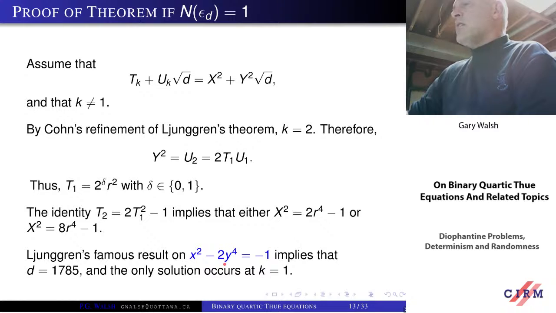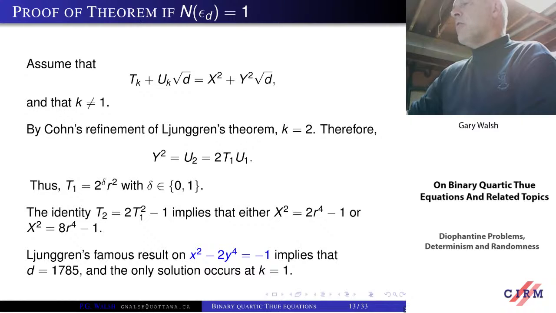Everyone knows about this, I'm sure. By applying this result and working things back, the only value of D which we get is 1785. And in that case, the only solution to this equation occurs at k equal to 1.